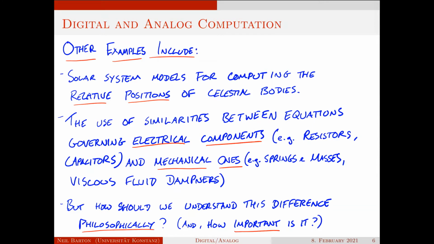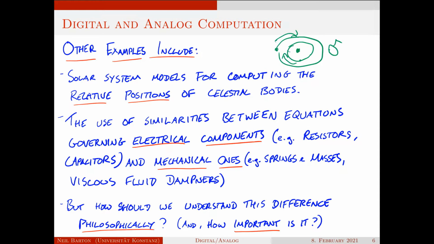Let's just mention some further examples we might want to have in the backs of our minds here. So one idea is the use of solar systems, or models of solar systems. So if I have some sort of steampunk style model of the solar system here with various other planets orbiting, and maybe I crank some sort of handle, for instance, and the celestial bodies will revolve according to the handle.